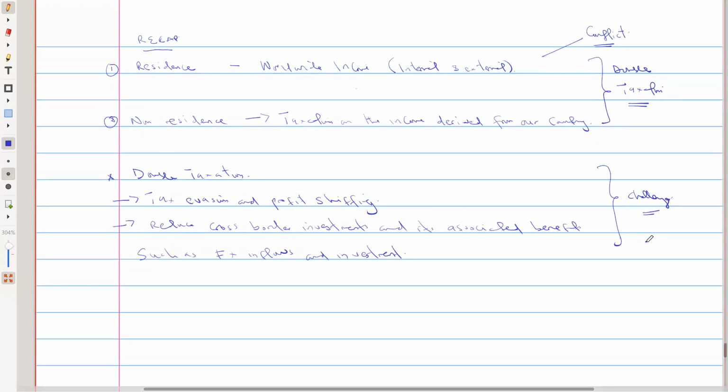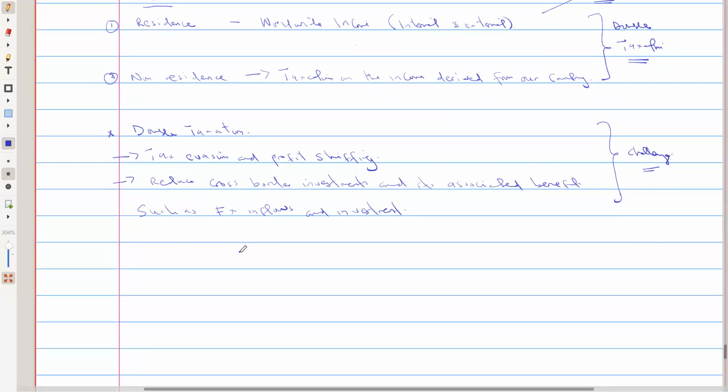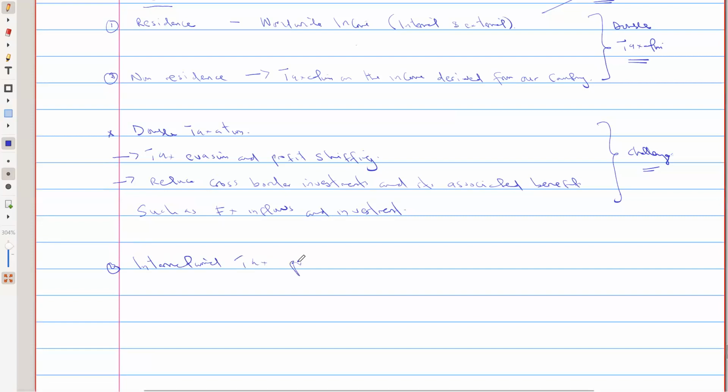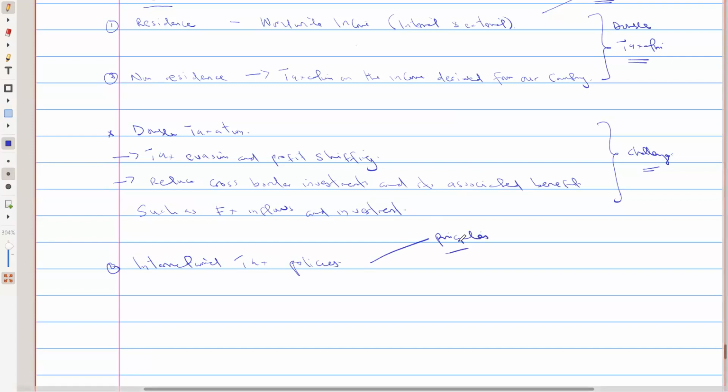Now, to address these challenges, countries need to come up with international tax policies. These international tax policies, we've said, are guided by principles. For us as a country, our national tax policy has principles.